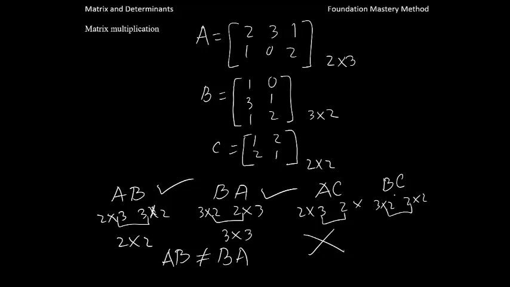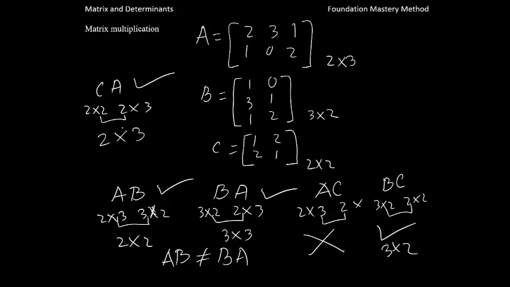We have a matching in here, so that one is possible, and the order of BC will be 3 by 2. Now let us see if CA is possible. The order of C is 2 by 2 and the order of A is 2 by 3. Yes. So CA is possible and the order of CA will be 2 by 3.